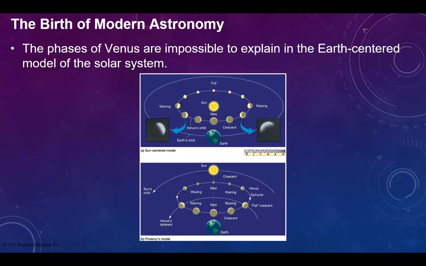So the phases of Venus, for example, are impossible to explain in the Earth-centered model of the solar system. Because in an Earth-centered model, you never see a full Venus. You'd always see a partially illuminated Venus. So Venus would have to be orbiting the sun.